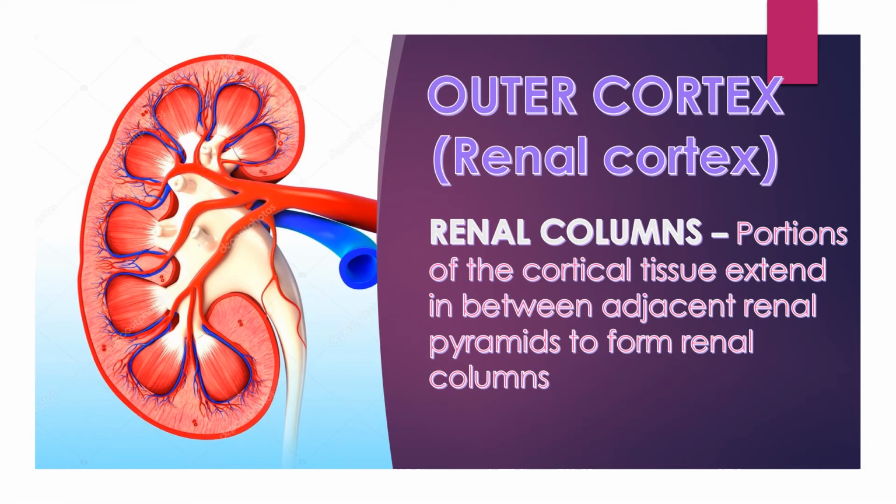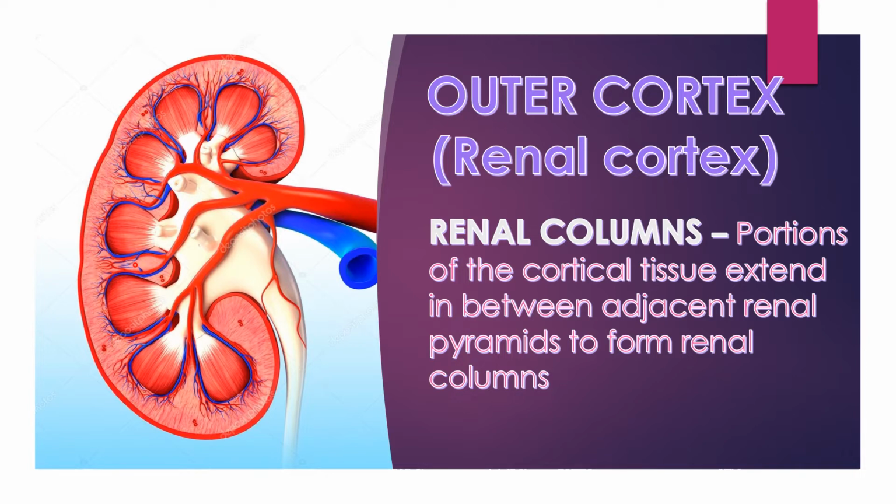The next region of the kidney is the outer cortex, or renal cortex. Here you can see a portion of the cortical tissue extends in between the renal pyramids, in between the adjacent renal pyramids.